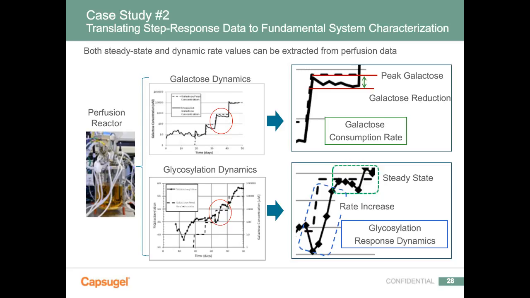And then looking at the galactosylation, you're seeing that it takes time for the cells to come to their new steady state. So you get the rate of increase of the galactosylation response, and then the new steady state value. If you were going to do any kind of feed-forward control mechanism, this cell response rate, the time it takes the cells to change after getting this galactose feed, is a critical parameter in the whole scheme.